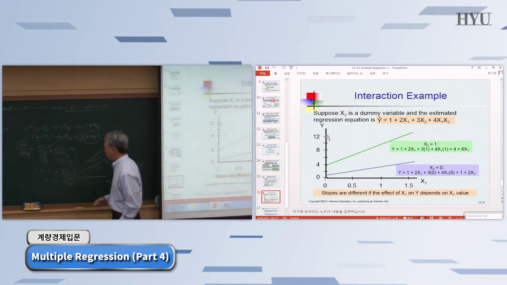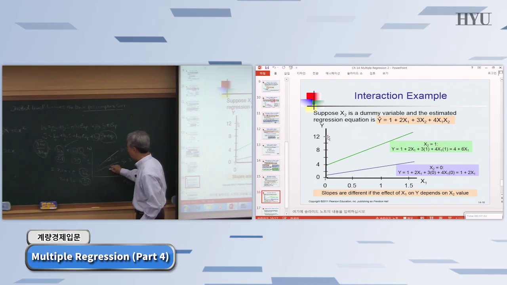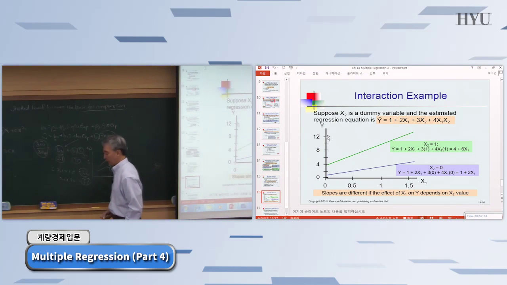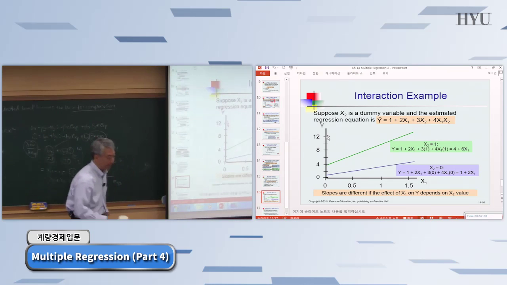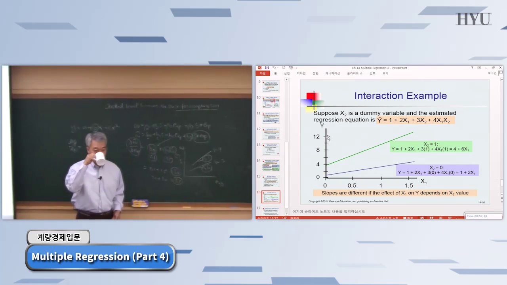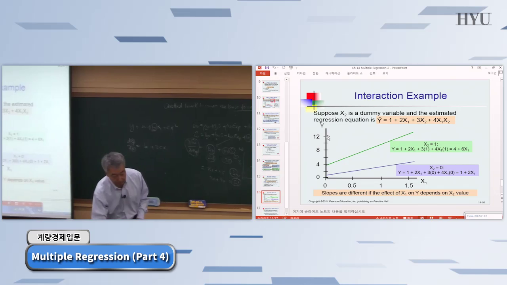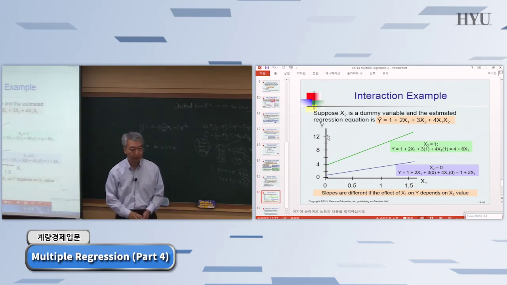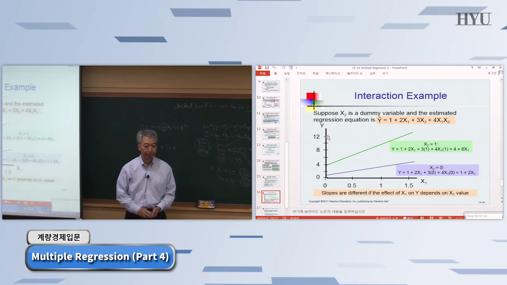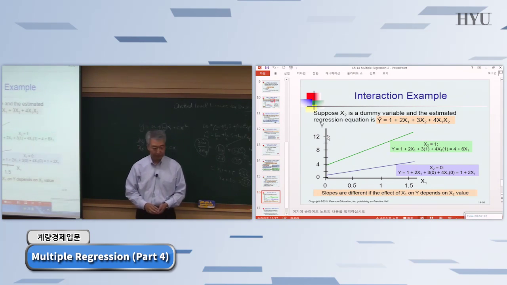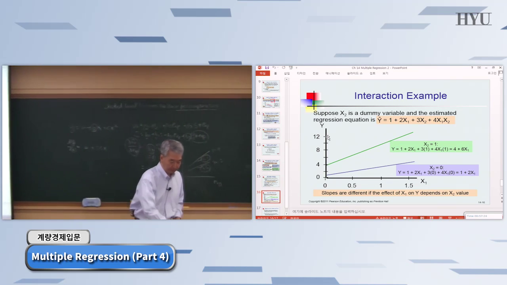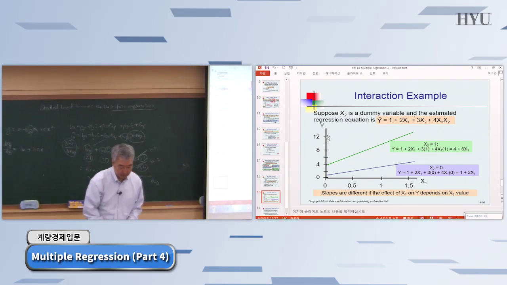So what's the story? Can someone interpret this 3.6 and 5.1? Holding other things constant. Anybody on this side?